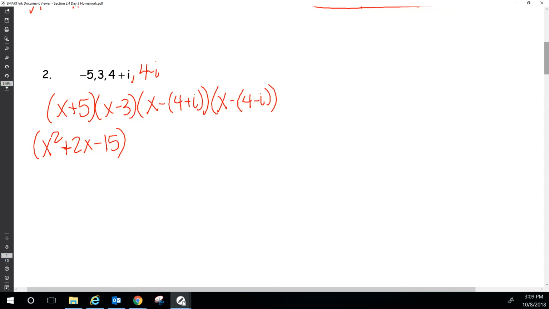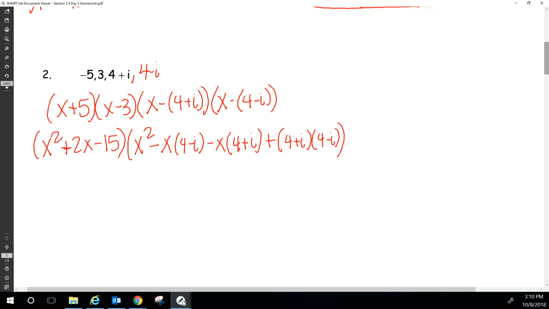Again, x times x is x squared. And then I've got x times this guy, so minus x times 4 minus i. And then minus x times 4 plus i. And then minus times minus would be positive, and then 4 plus i times 4 minus i.